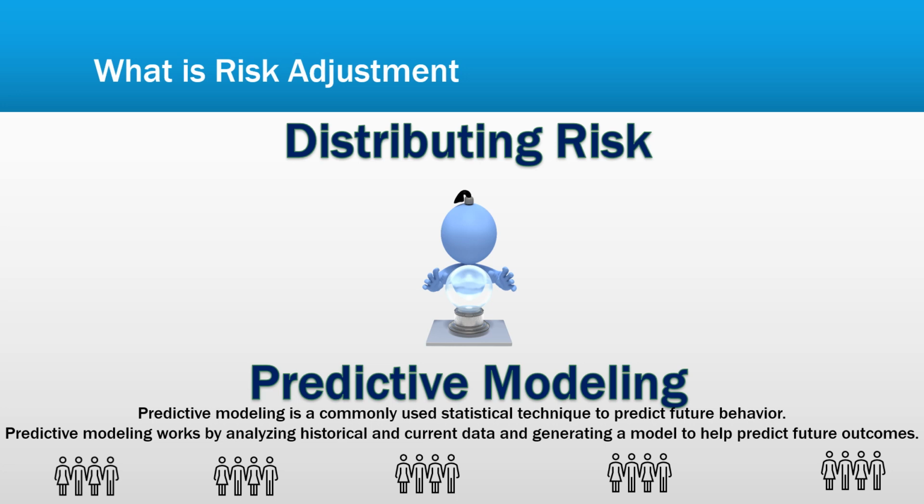Predictive modeling works by analyzing historical and current data and generating a model to help predict future outcomes. We're gonna talk much more about this throughout the program. But risk adjustment is based on measuring risk and distributing risk, and a key factor in that is called predictive modeling.